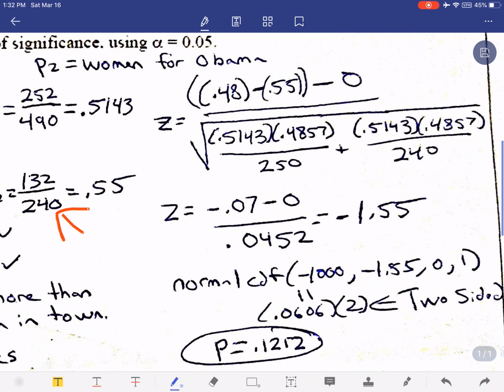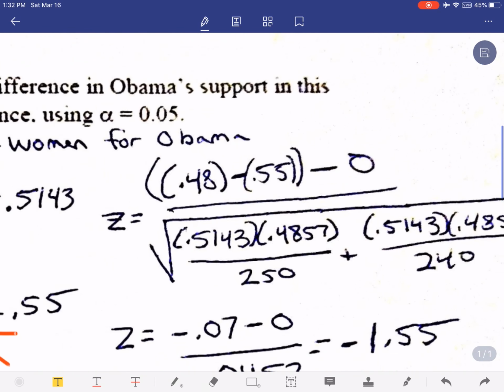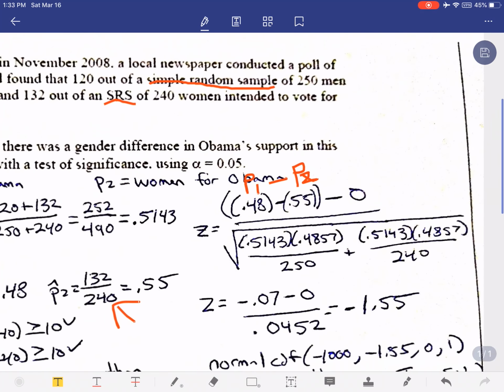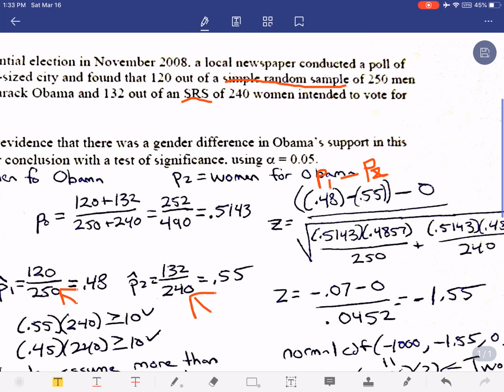So that first part of the test statistic is going to be P1 minus P2. And we get those values based off the proportions from our samples.